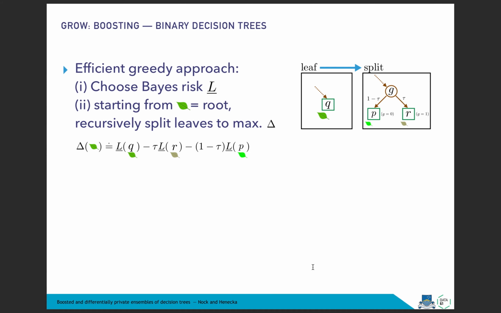Let us now see what is boosting in the context of decision trees. So again, we have a very simple but efficient greedy approach, which is to start from a loss and equivalently from its Bayes risk. And starting from the tree reduced to a leaf, which is the root, we're going to recursively split the leaves of the tree to maximize the decrease in the expected Bayes risk at the leaves.